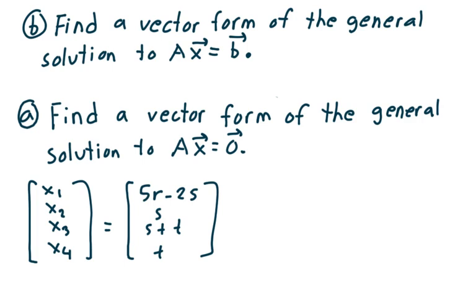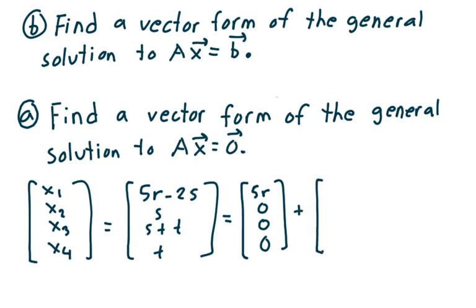Now, notice, we can write this as the column vector (5r, 0, 0, 0). So notice I see 3 parameters. So if I see 3 parameters, I should have the sum of 3 vectors. And I'm going to go plus, and then I'm going to go (-2s, s, s, 0).